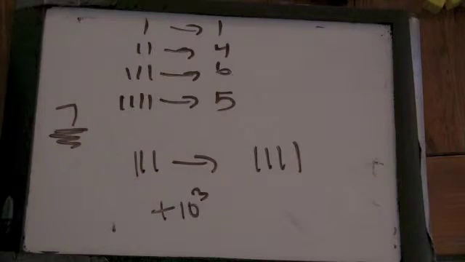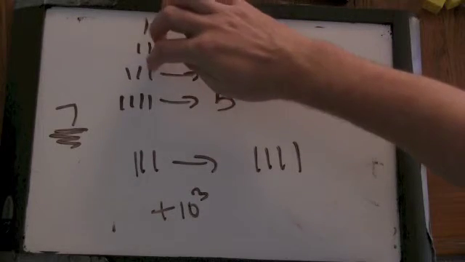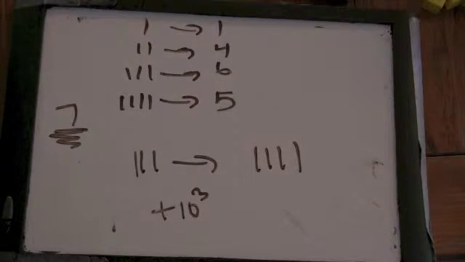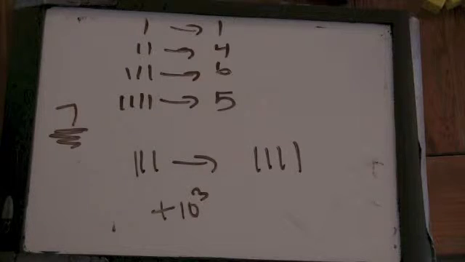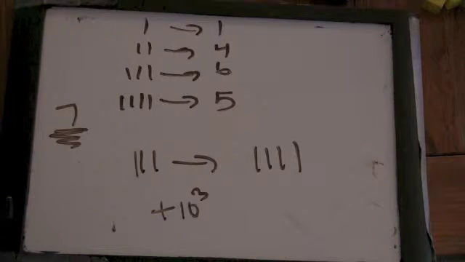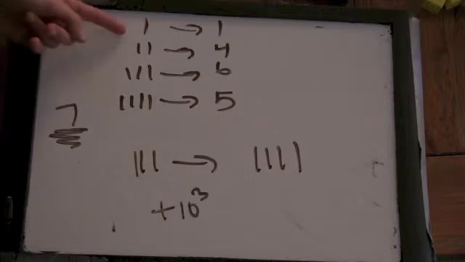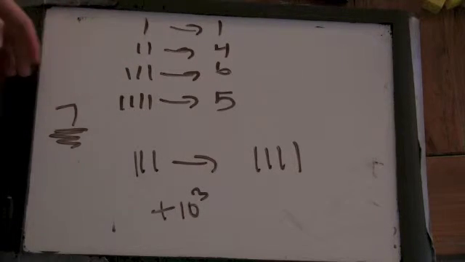Okay, what's another way? Give me a different formula. What's another formula that would get me there? That would work all the way through. In this case it's 10 to the 3, but for the whole thing, if you say this is 1, 2, 3, you're adding 10 to its number.